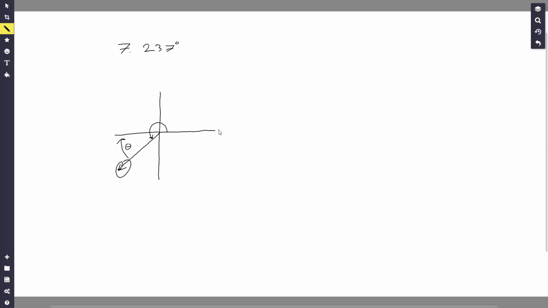So we know that this right here is going to be either 0 or 360 degrees, of course, or 0 pi, or 2 pi.